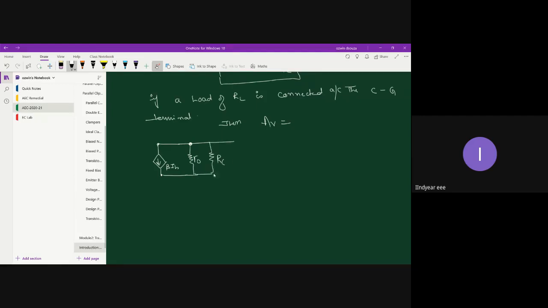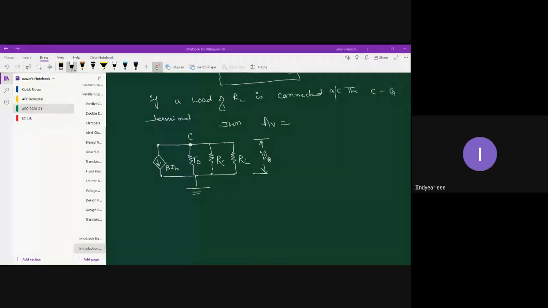Okay, so what I'm saying is, let's say load resistor RL is connected across collector and ground. Then what will be the expression for voltage gain? Can anyone tell me? What will be the expression for voltage gain?